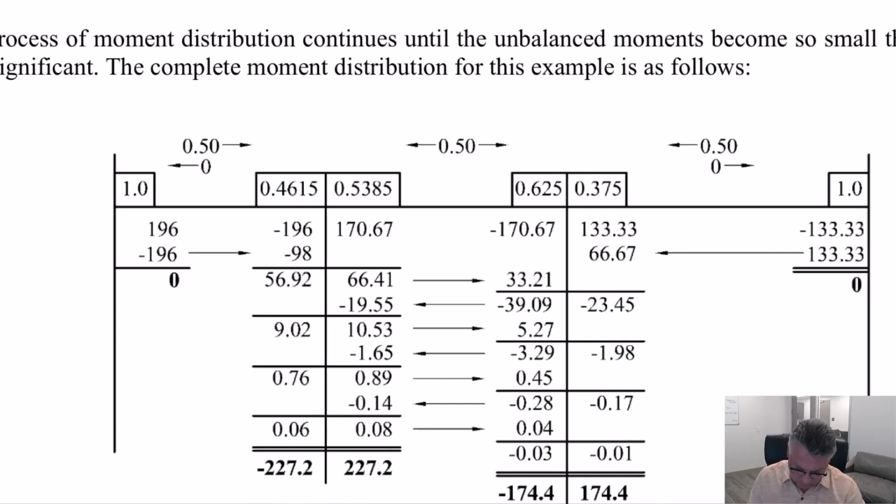So instead of adding up all the numbers that you previously had, just recognize that this joint is now only out of equilibrium by what got carried over from here. Therefore, I just changed the sign 19.55. Okay, let's not do that.